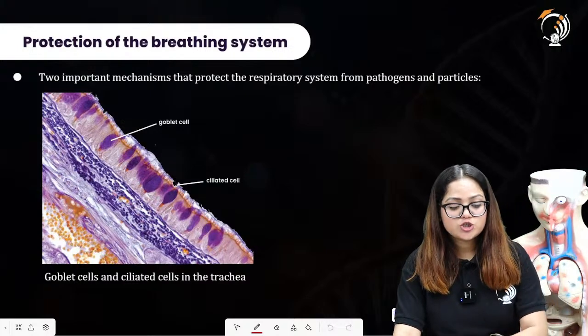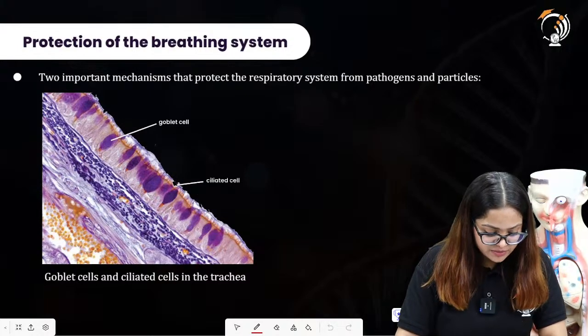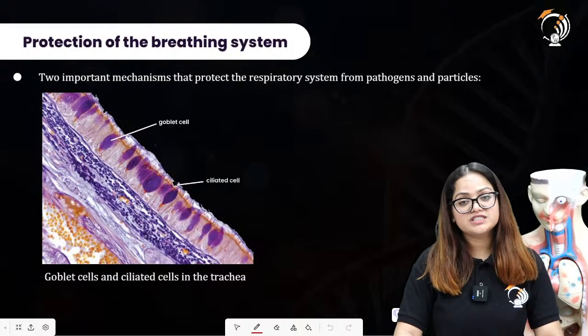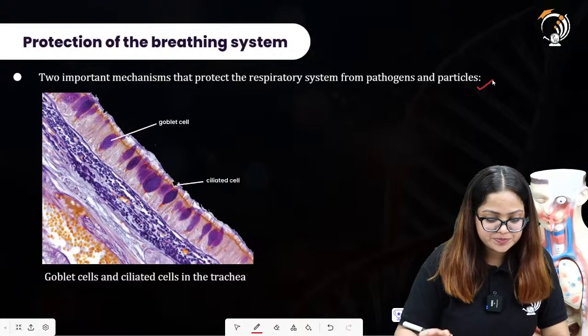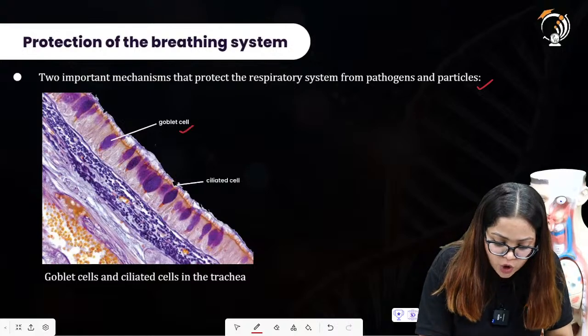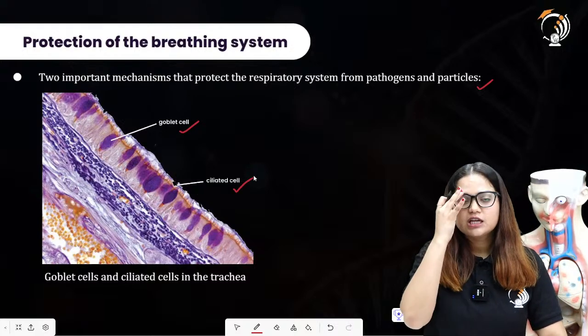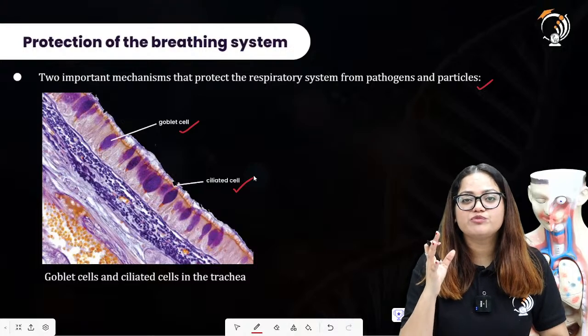Now, there is also one topic, that is protection of the breathing system. Two important mechanisms protect the respiratory system from pathogens and particles. What are those? Goblet cells and ciliated cells. What is the function of both of these cells? The goblet cells help in the production of mucus.